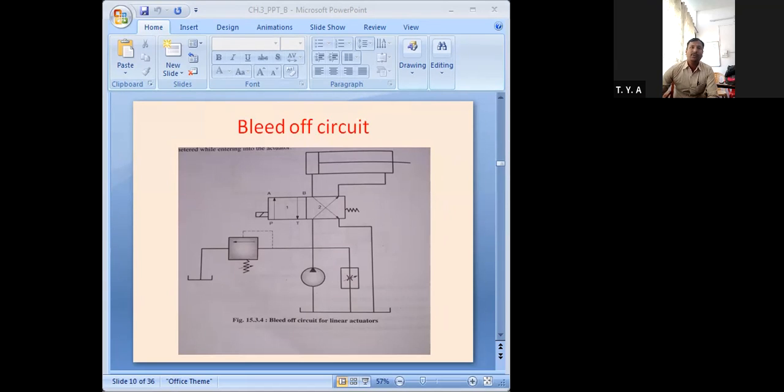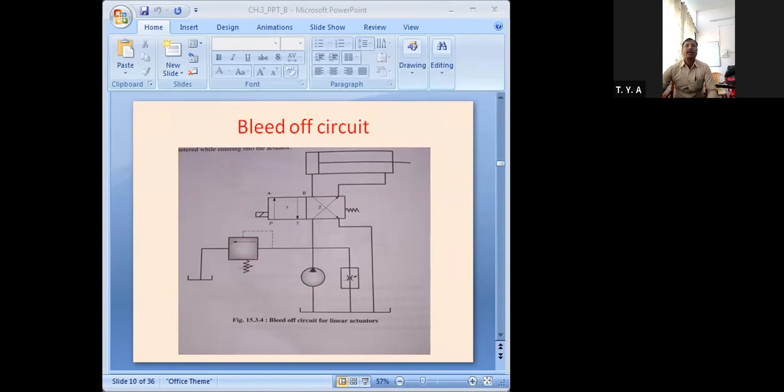Okay, now in the normal position, what happened? The fluid will go from this pump to this P port, then A, and from this A port to the cap end of your hydraulic cylinder. To do that, the extension stroke will happen. Okay, and simultaneously, oil will come from this rod end to this B and then directly to the tank.